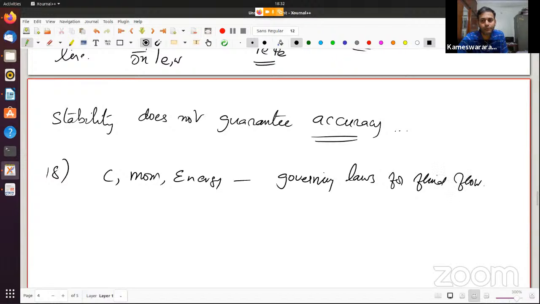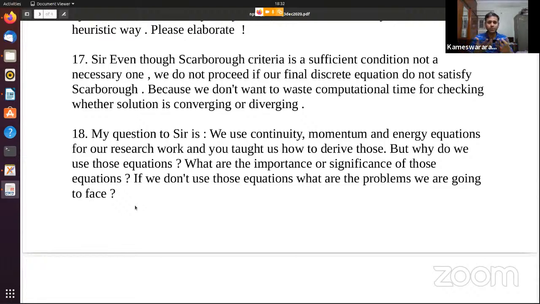Now, if you say you don't want to use them, well, these came from experimental observations, and they are the equations which correctly model the flow of the fluid. So that is the significance. If you don't use those equations, I don't think it will be correct, isn't it? You will be using some other equation which is not the correct description of the fluid flow.